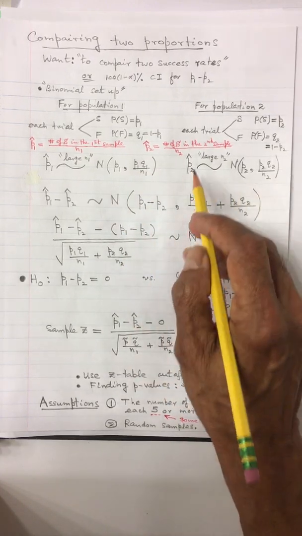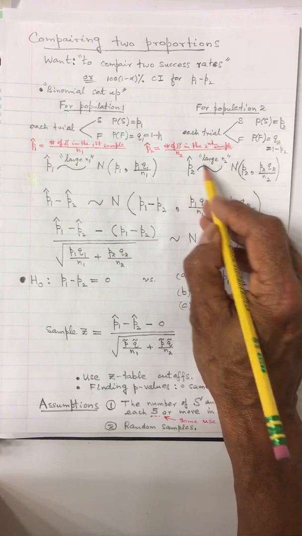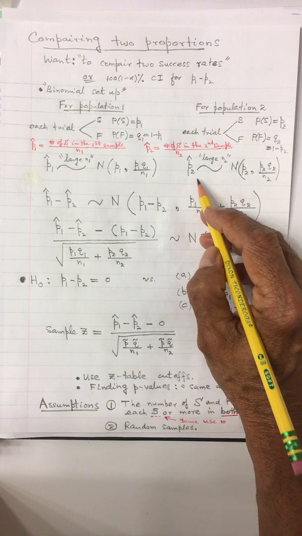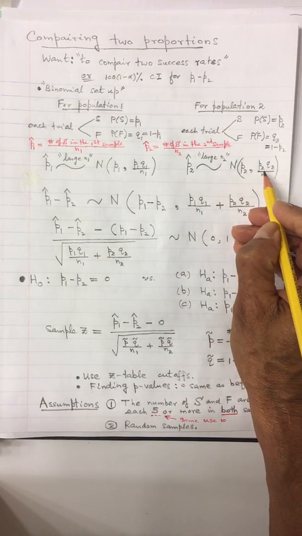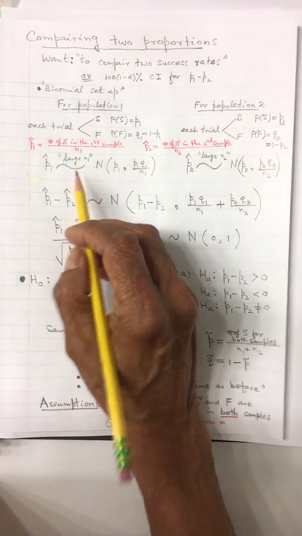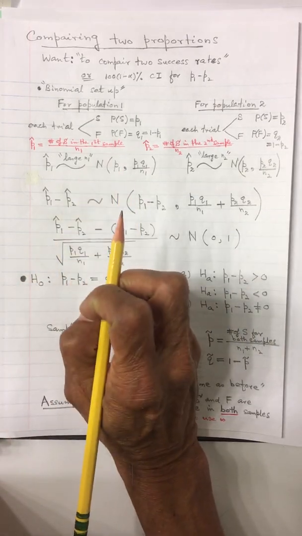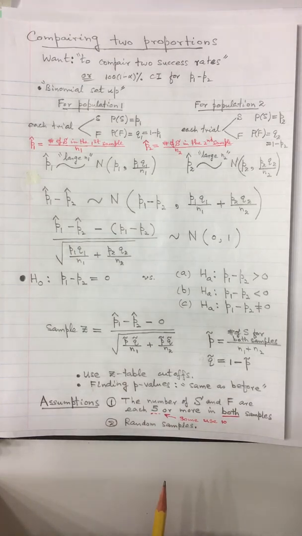For sample 2, P2 hat for large N2 is approximately normally distributed with mean P2 and variance P2 Q2 over N2. Same thing as before: the larger the N, the better the approximation. So at the end we need large N.